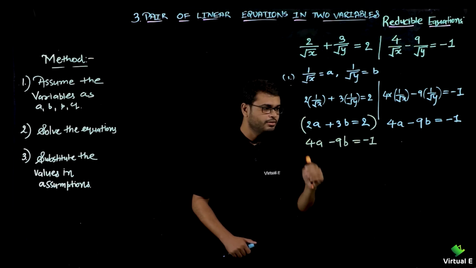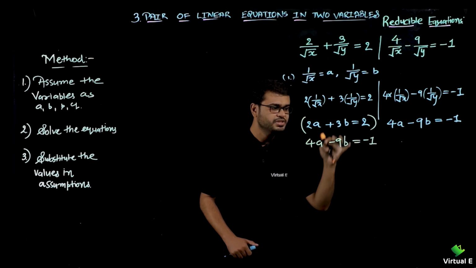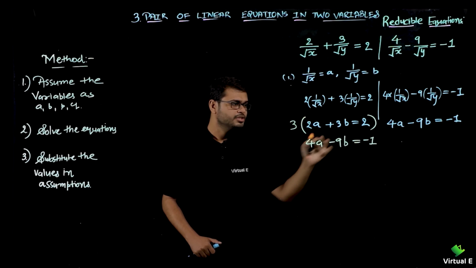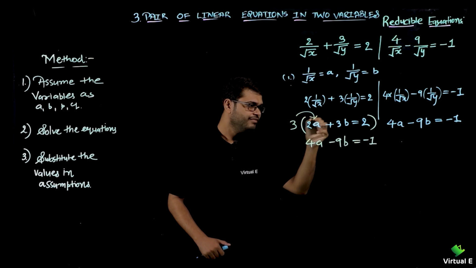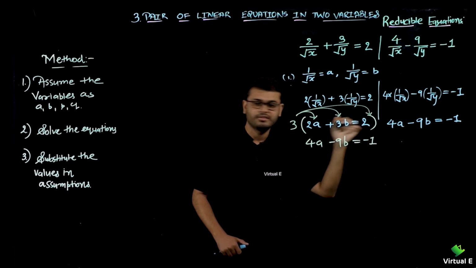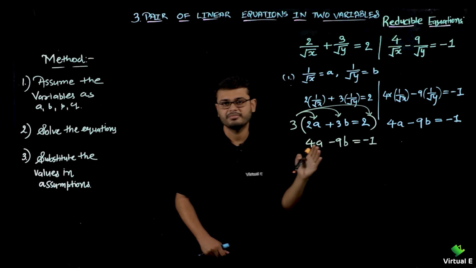That we are not having now, so we need to multiply with some numbers. For minus 9 and plus 3, I can multiply with 3 over here, so I can get plus 9b. I will be multiplying 3 with each term one by one. Remember, do not skip any term even by mistake.